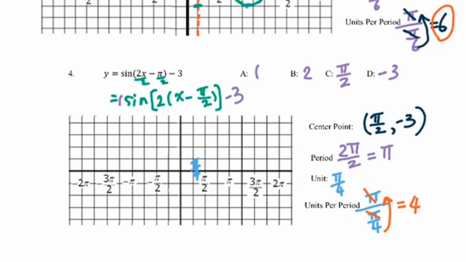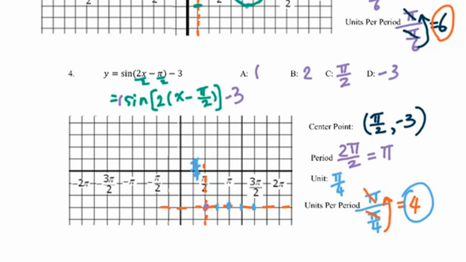Then we will find the center point first. Pi over 2, negative 3. That's here. Then find those 4 units from the center point. 1, 2, 3, 4. Then half, half, half.